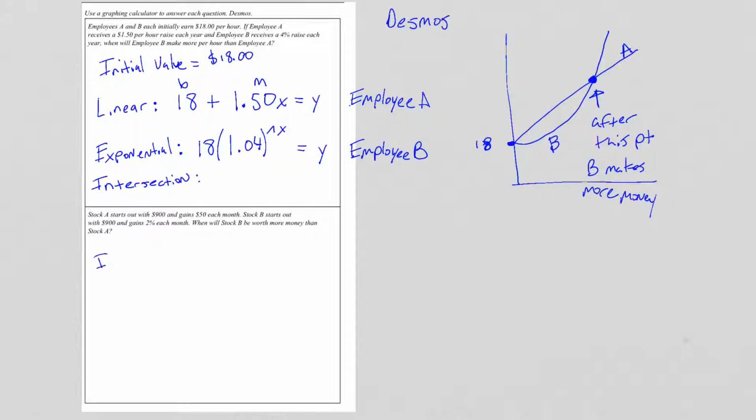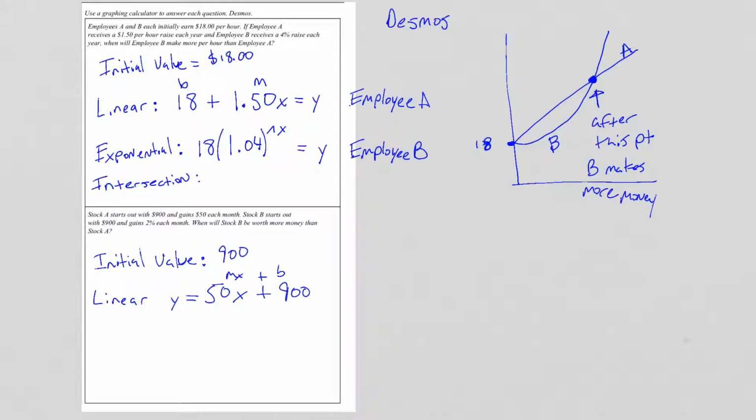So we have to first ask, what is our initial value? What are we starting with? Right? They're both worth what in the beginning? $900. And then the linear equation is going to start off as y is equal to something. It's going to be equal to how much? $50 a month. $50 a month times x months plus what we started with, right? mx plus b.